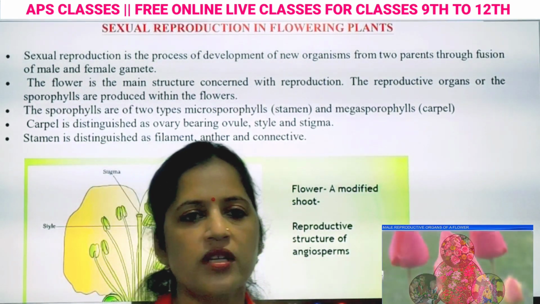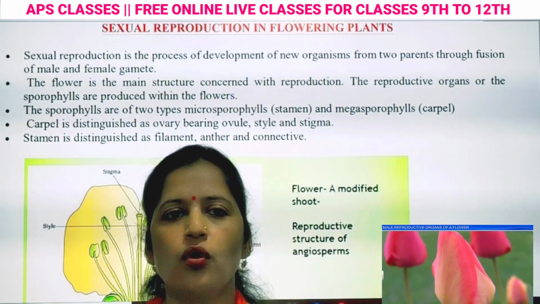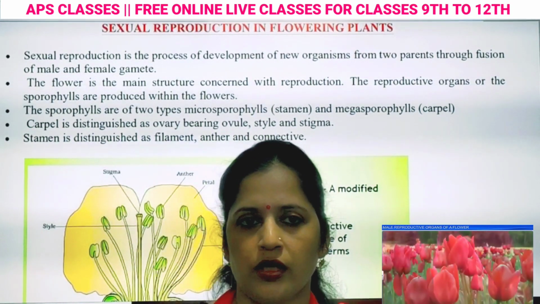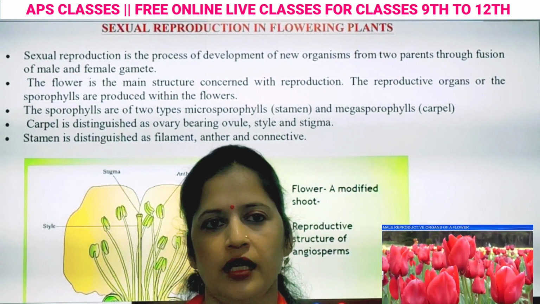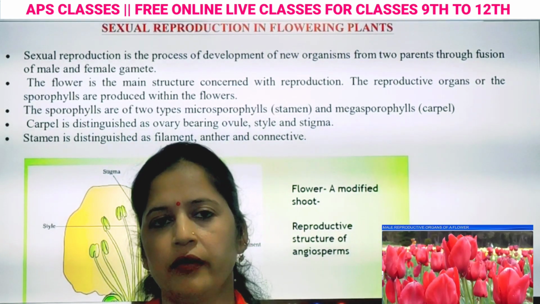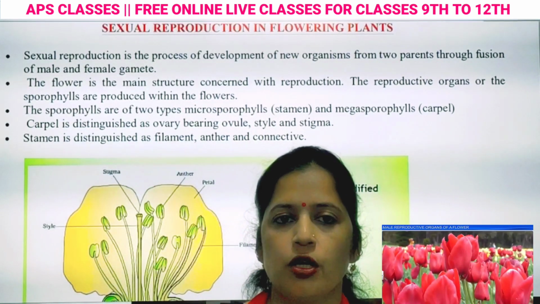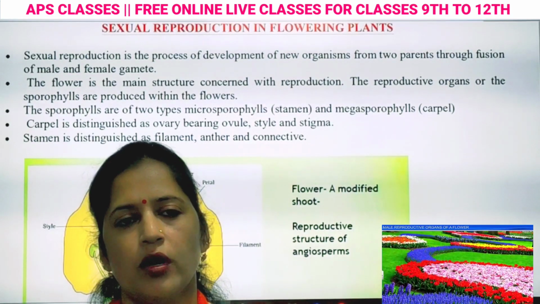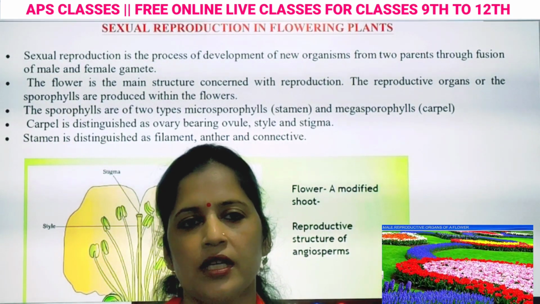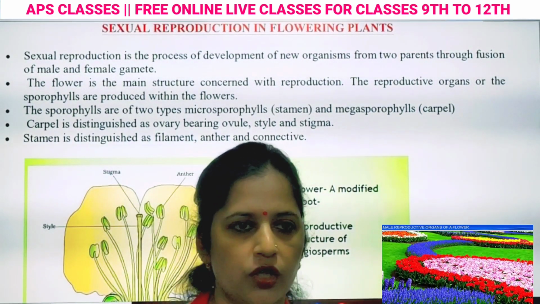So before starting this chapter, let us know what we mean by reproduction. What is reproduction? Reproduction is the process of giving birth to the young ones. Reproduction is a process by which young ones are produced.